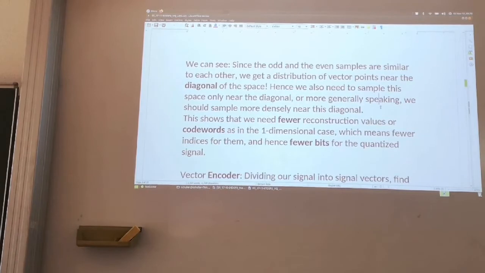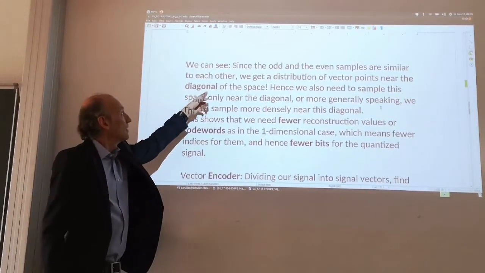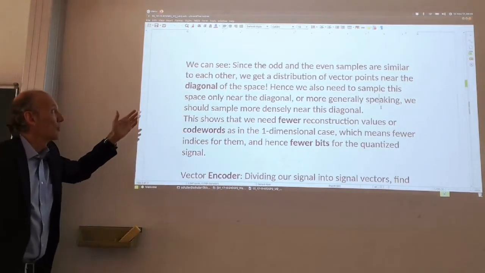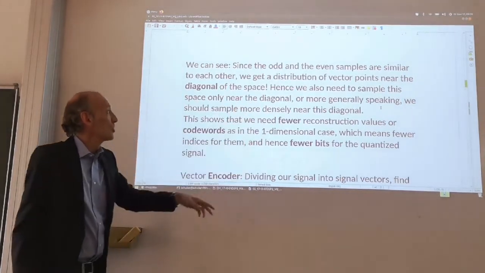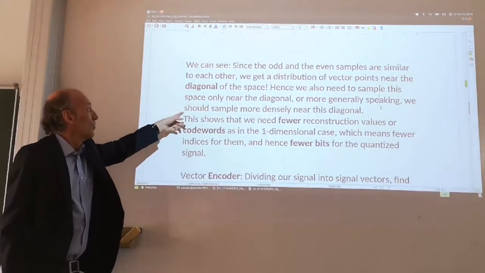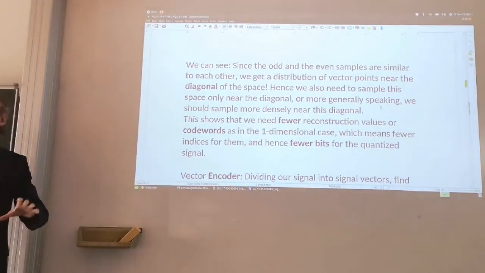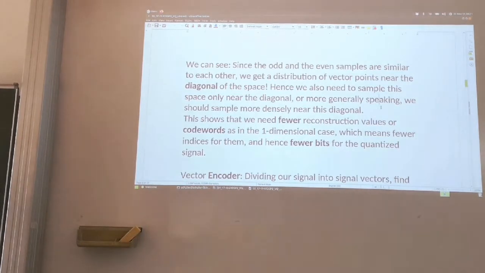So indeed we get a distribution of vector points near the diagonal of this space. Right? So that means you also need to sample the space only near this diagonal. Or more generally speaking, we should sample more densely near this diagonal. So we can have coarse sampling of our space outside this diagonal, fine sampling where we have all those points.